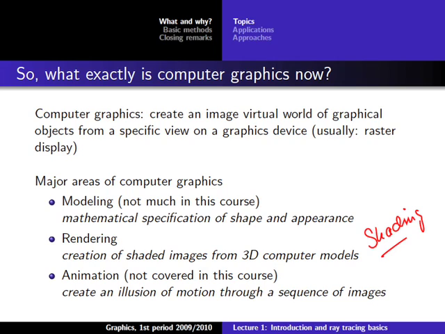So shadows are part of shading, but don't confuse shading with shadows. Shading is basically everything involved, and this is part of the rendering process. So the rendering process is first bringing the 3D model to a 2D representation, and then putting the perfect lighting and coloring on those objects, which is the shading.